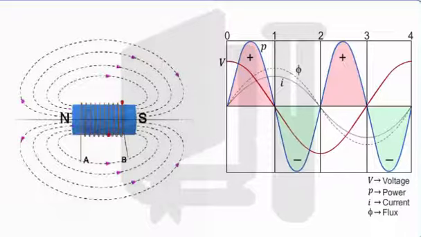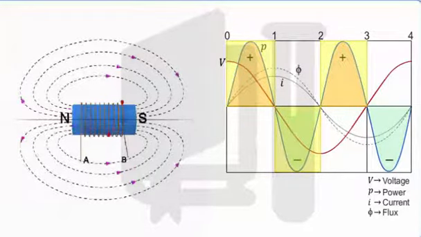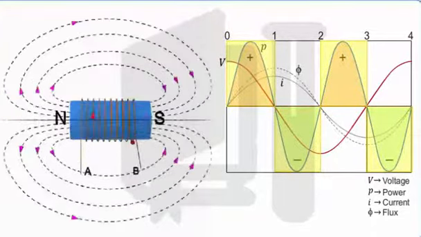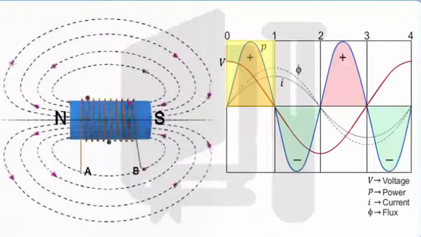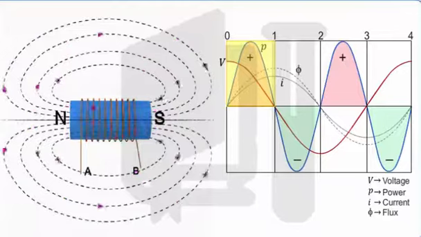As shown in the graph, we will study the magnetization of the inductor in the 4 periods marked in the graph as 0 to 1, 1 to 2, 2 to 3, and 3 to 4 respectively for one complete cycle of voltage or current. In the first time interval 0 to 1, the value of the current keeps rising from 0 and reaches its peak value at 1/4 of its time period.